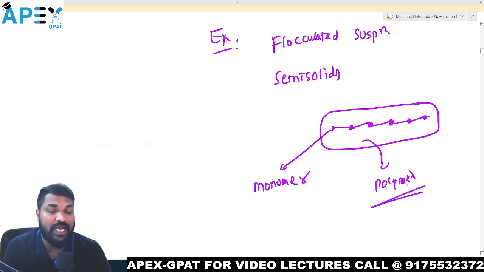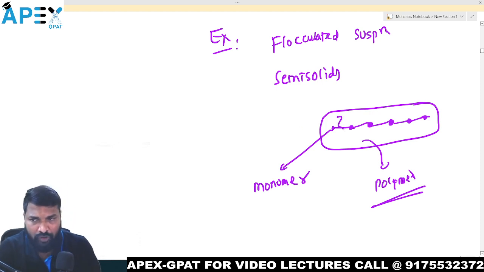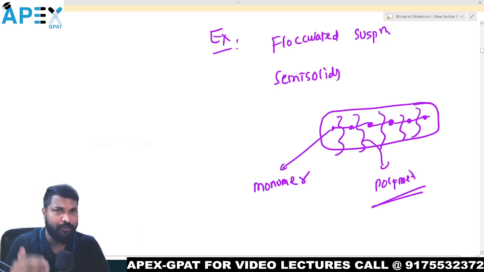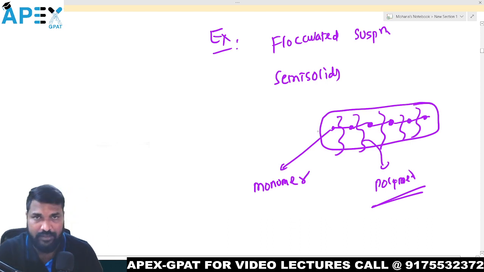And in the suspension, there is a cross-linking of the polymers we are using for increasing the viscosity of the system. Now tell me, if you need to break, you require some force. If you break this bond, then the flow will start.